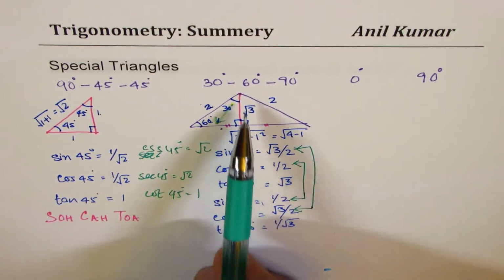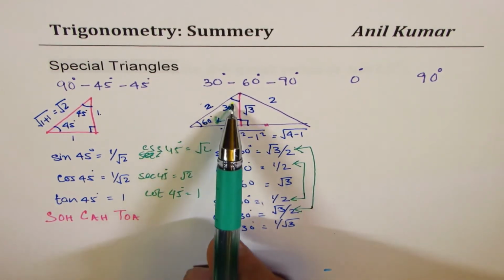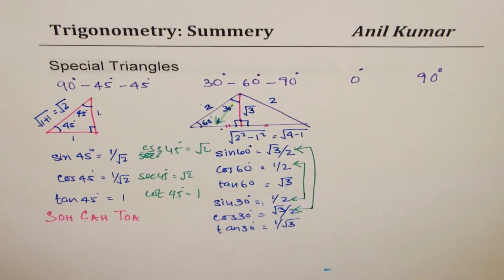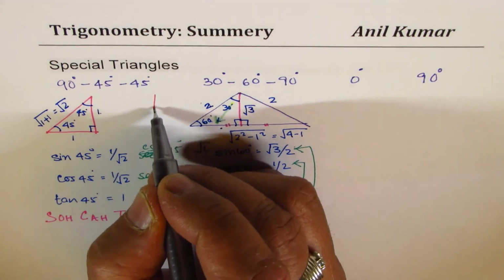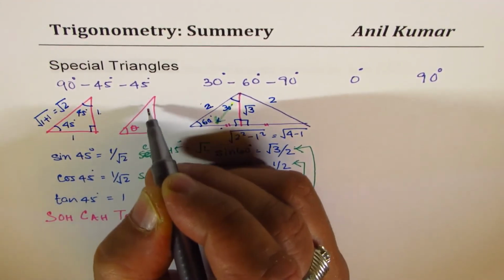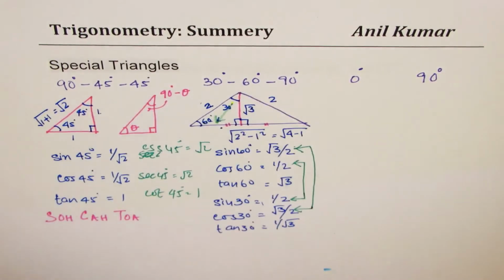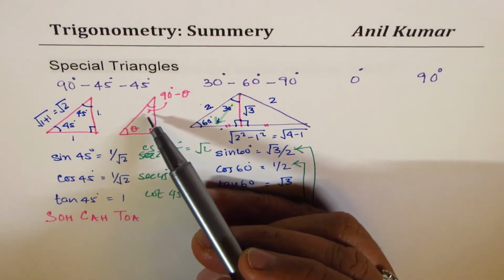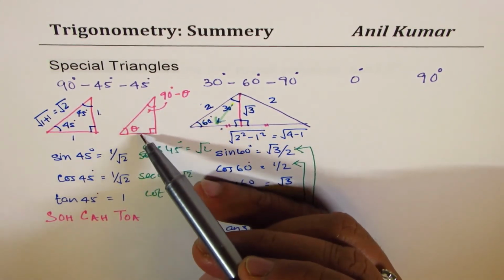In general, in any right triangle, if one angle is, let's say, theta, the other one will be 90 minus theta. You get the point, correct? So you will notice that in a right triangle, let me make one here. If this angle is theta, and this is the right angle, what is that angle equal to? It is 90 degrees minus theta, correct? So the side which is adjacent becomes opposite when you look from the other side.